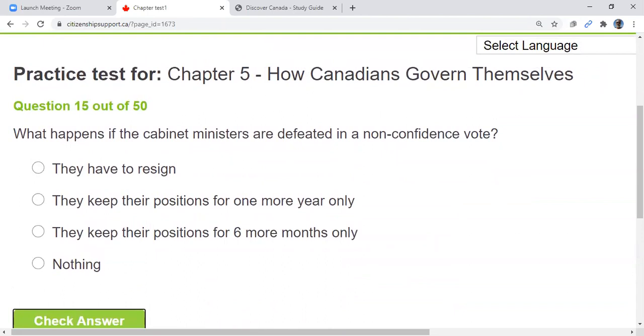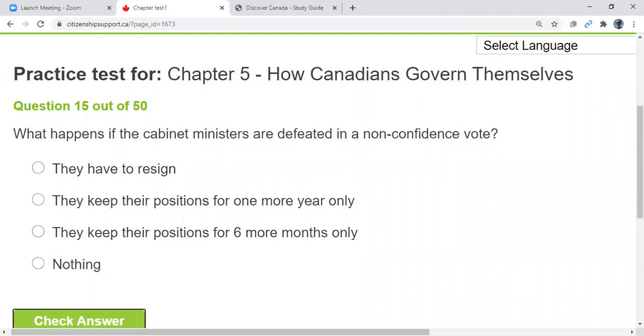Okay. Now we're back to Ghazala, I think. What happens if the cabinet ministers are defeated in a confidence vote? Okay. They have to resign to keep the office for more years.